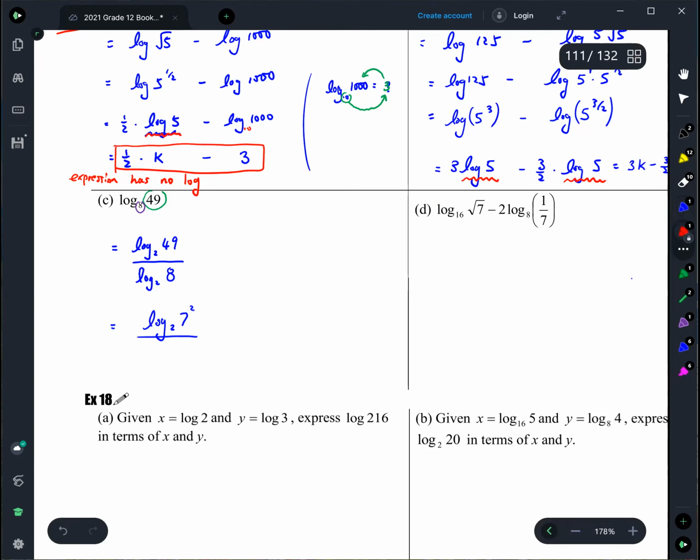If you remember the counter clock, 2 to the something has to be 8, and that something equals 3. So it just becomes 3. We want to simplify as far as we can, so that counter clock thing is very useful.